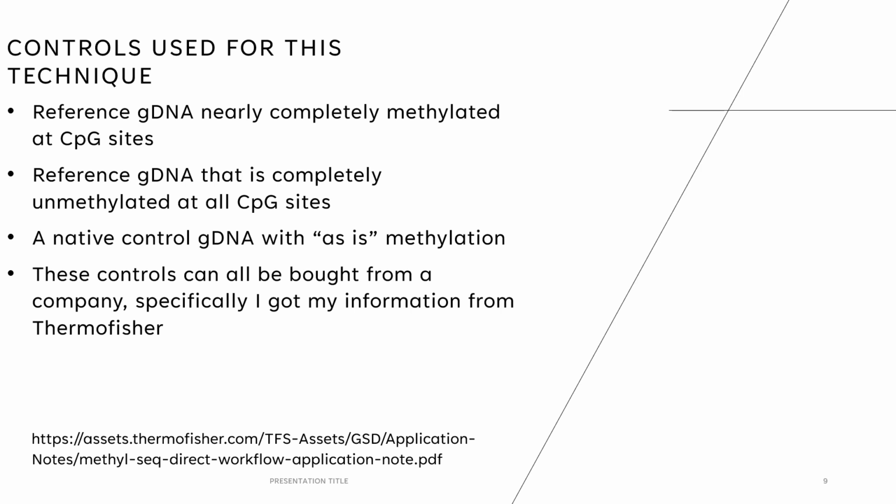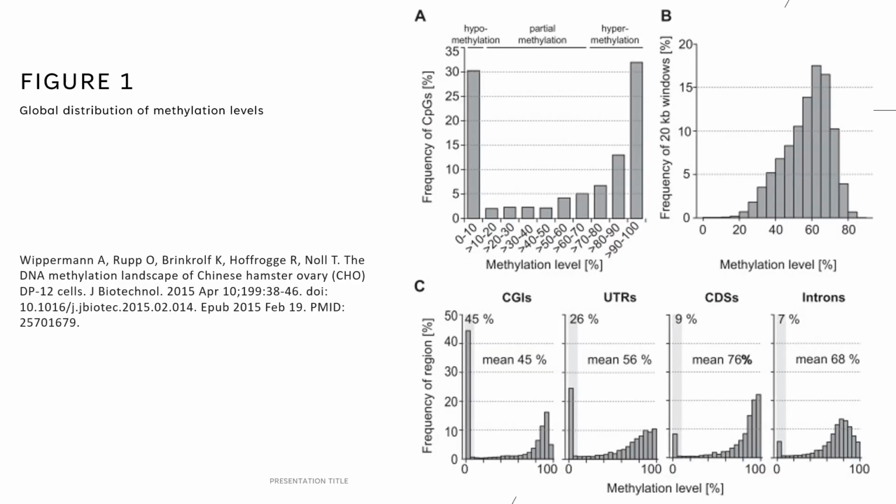And then right in the middle, you have a native control guide DNA with as-is methylation, which is basically a mixture of methylated and unmethylated guide DNA, just to give a more normal, right-in-the-middle control.